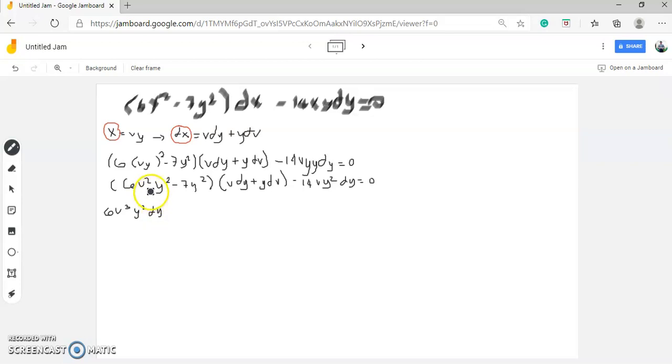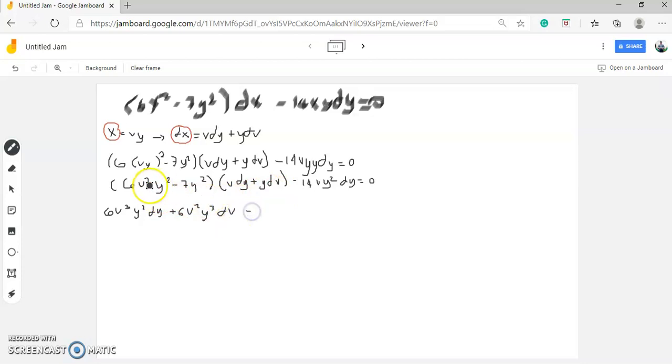Multiply this again to y dv, you're just distributing, so that is positive: you have 6v squared, and y squared times y is y cubed, times dv.